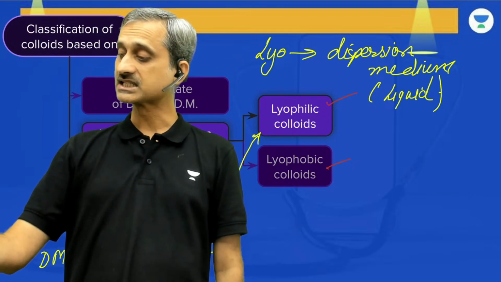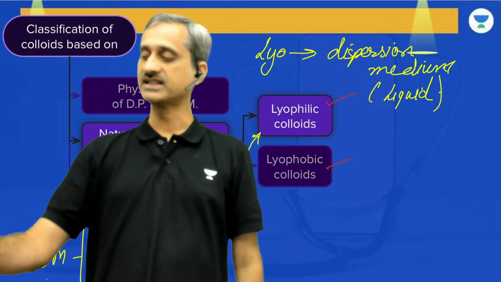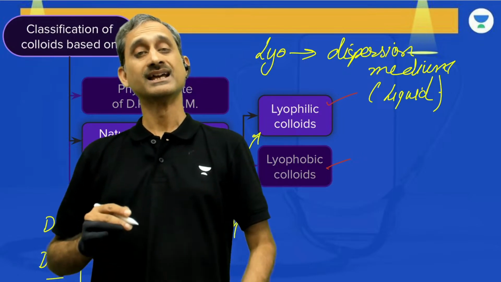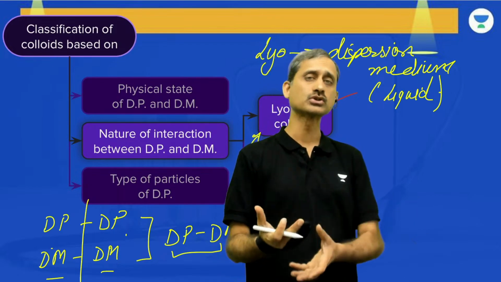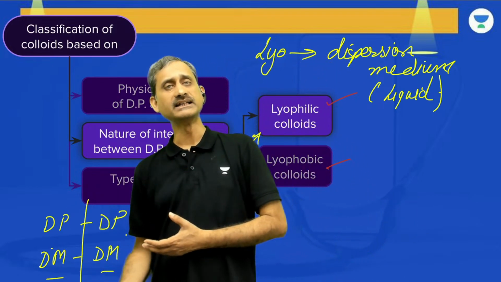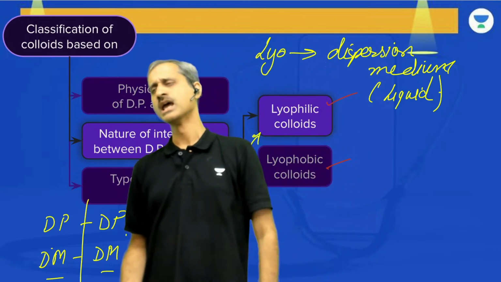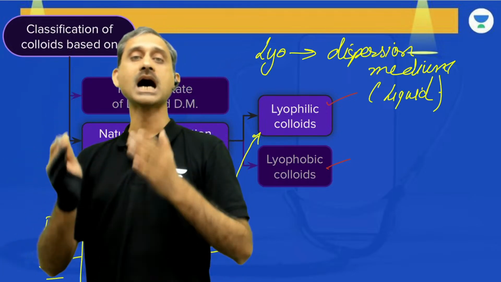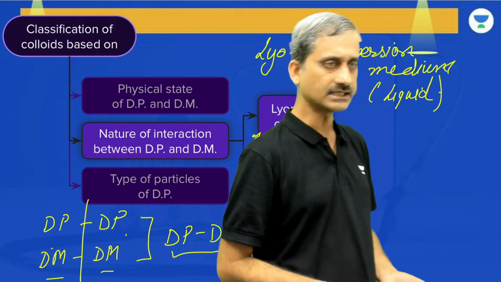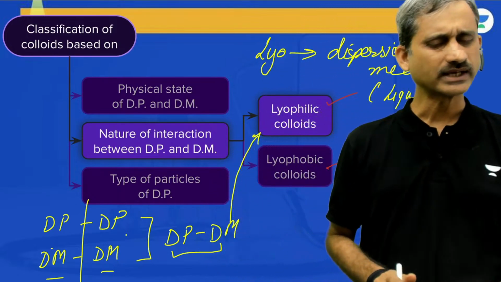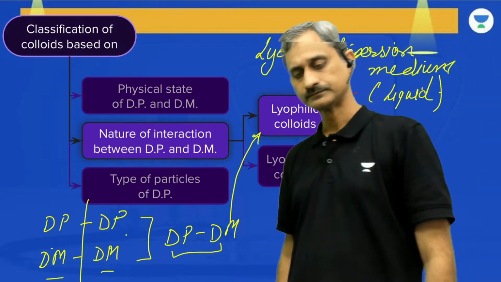If the dispersed phase dispersion medium interaction is more than the others, then when these kinds of colloids are formed, it is going to be an exothermic process in which energy would be released; the energy consumed would be less, the energy released would be more, and we are going to have a lyophilic colloid. Is this clear? Have I made it very clear what exactly is the meaning of the lyophilic colloids?